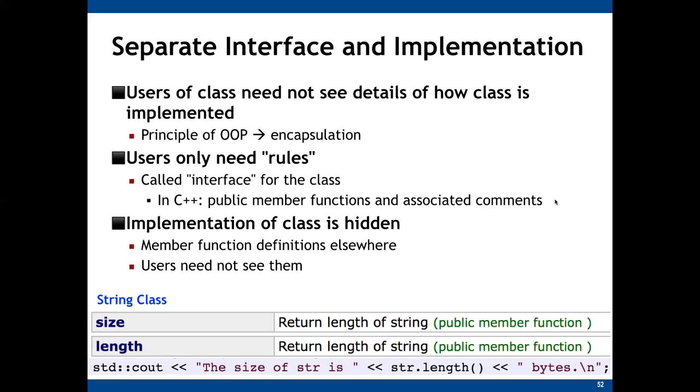For example, we learned the string class before, and I'm sure you have been using the string class for your weekly assignments. The string class itself has many member functions. Among them, size and length are member functions of the string class, and I think you have used one of these functions for your weekly assignments before.